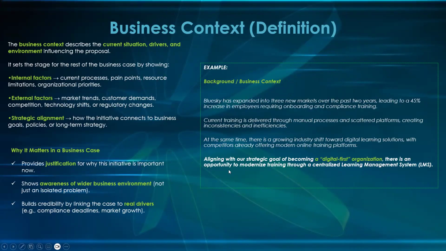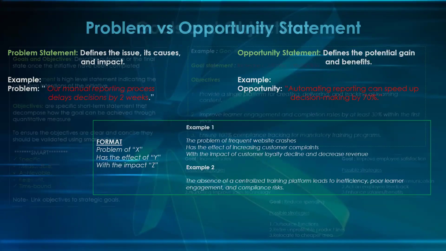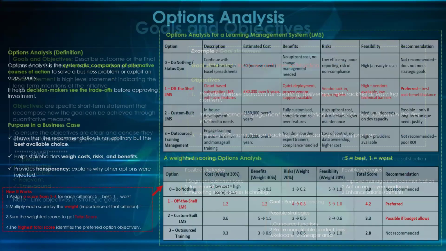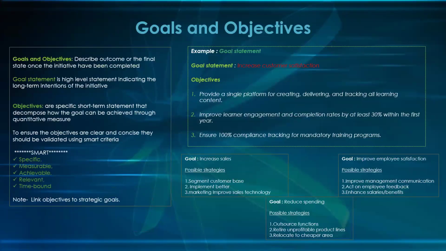If I take us back here again to the beginning, there is an opportunity to modernize training through a centralized learning management. So we are trying to build a learning management system so that all our training contents will be delivered and monitored there. So if you come down here, we've defined the objective. How do we intend to achieve it?